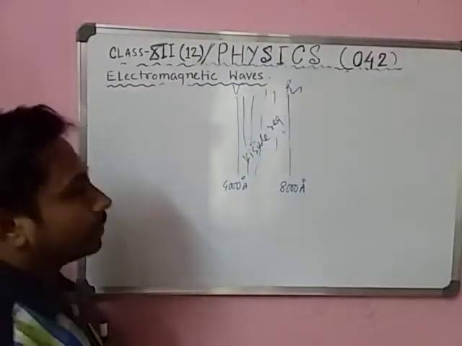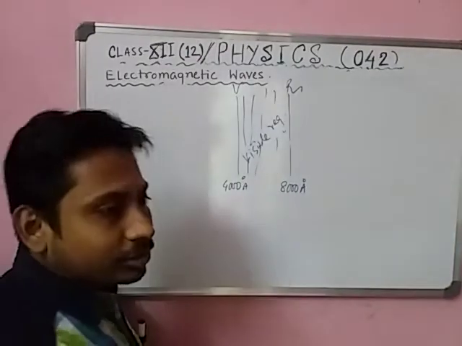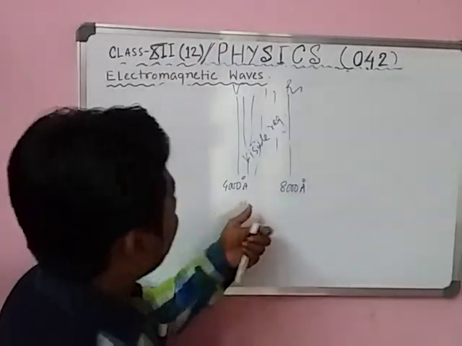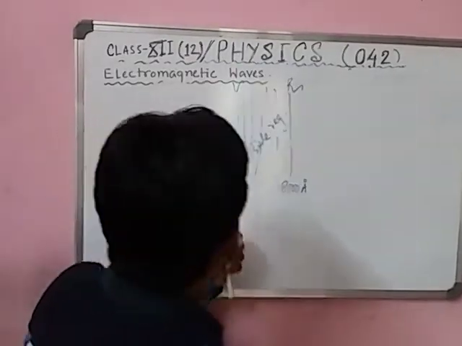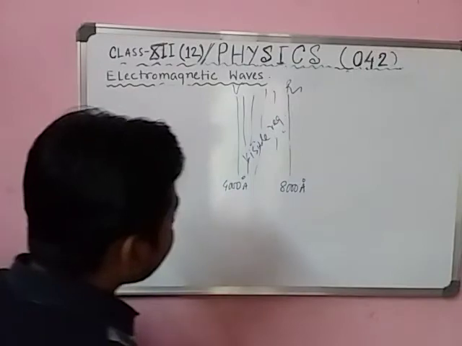Between violet and red, the highest wavelength is red color, 8000 Angstrom, and in the visible region the least wavelength is 4000 Angstrom, that means violet.